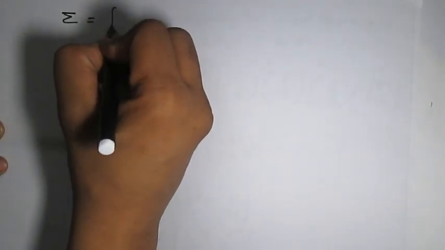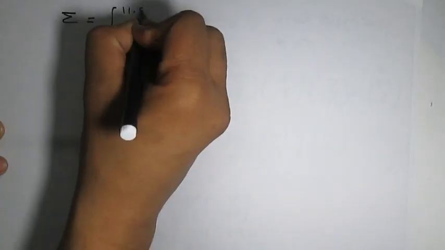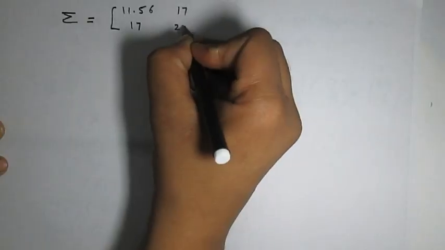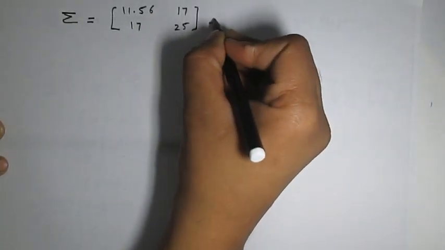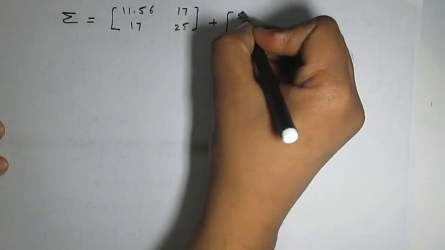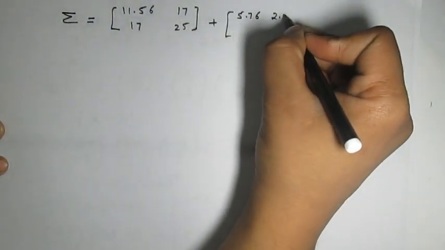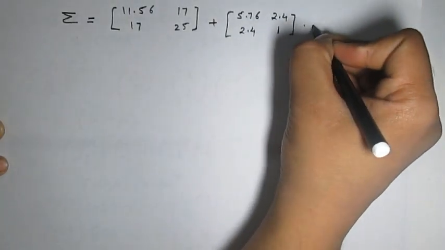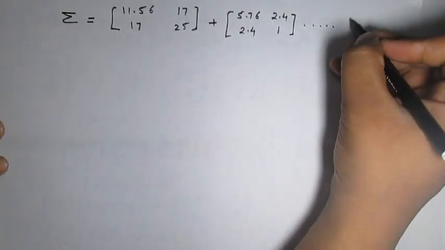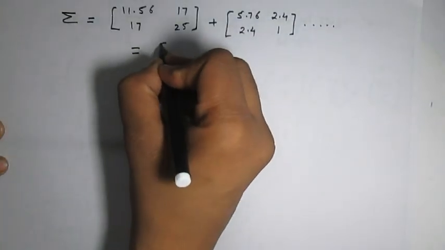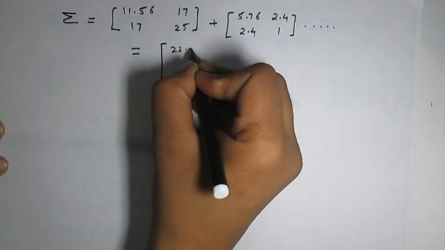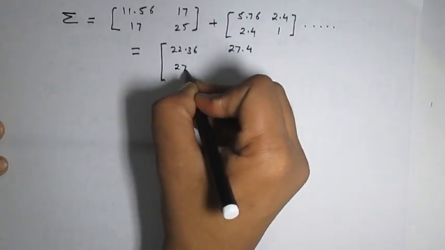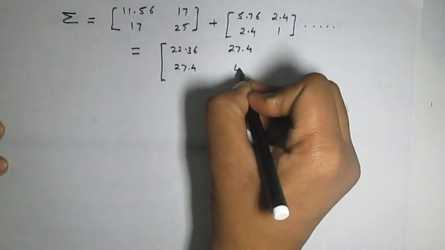After doing all this calculation, we will get the summation matrix by adding these matrices: 11.56, 17, 17, 25 plus 5.76, 2.4, 2.4, 1, and so on, all the 5 matrices, and this is equal to 22.36, 27.4, 27.4 and 40.